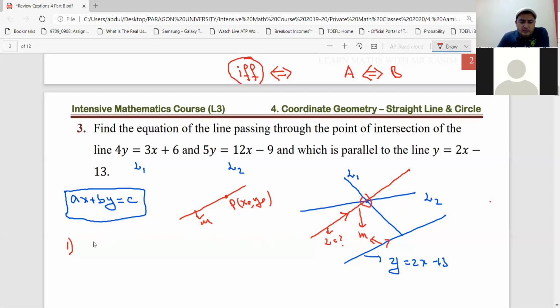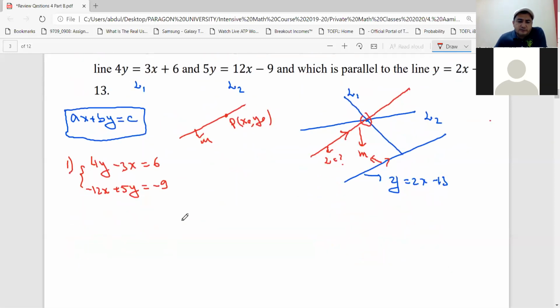What are these? That is 4y minus 3x is equal to 6. That is the equation of the first line. And the second one is minus 12x plus 5y is equal to negative 9. I just took this 12x to the left-hand side, and it becomes a simultaneous linear equations.